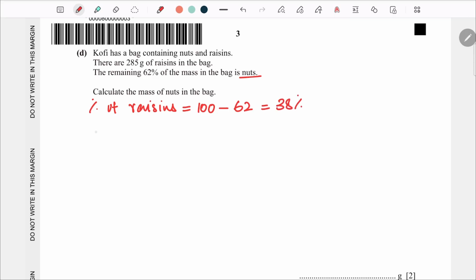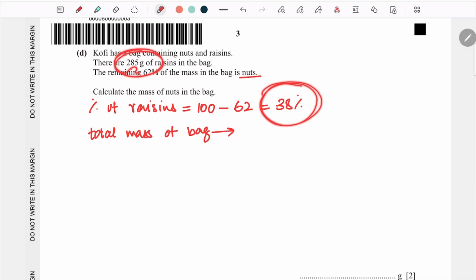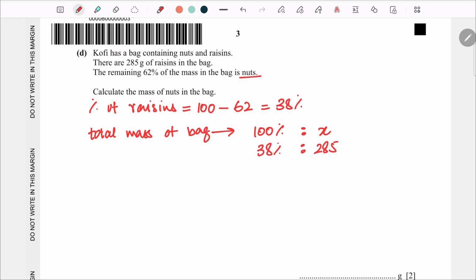Then I'm going to calculate the total mass of the bag. To calculate the total mass of the bag, I'm going to use the percentage of raisins. The percentage of raisins is given, the mass of raisins is given, so I'm going to use this to calculate the total. If 100% is the total percentage of the bag and the total mass of the bag will be X, the mass of raisins is 285 and the percentage of raisins is 38%.